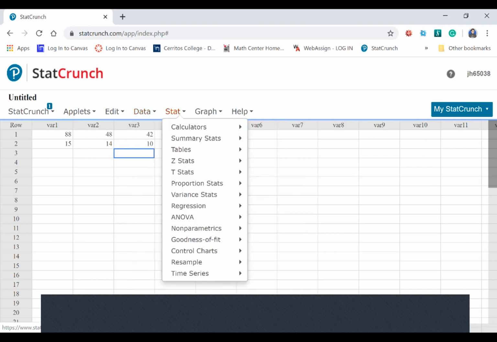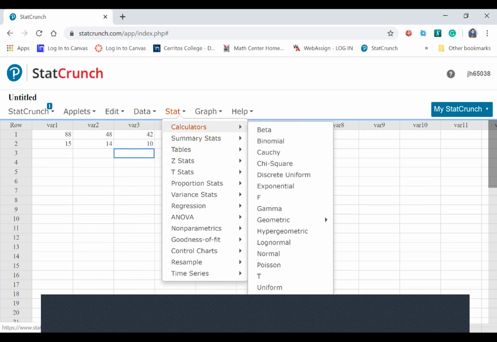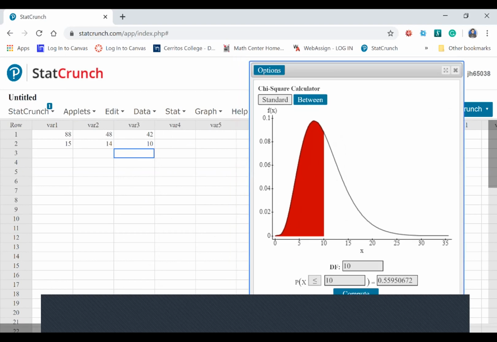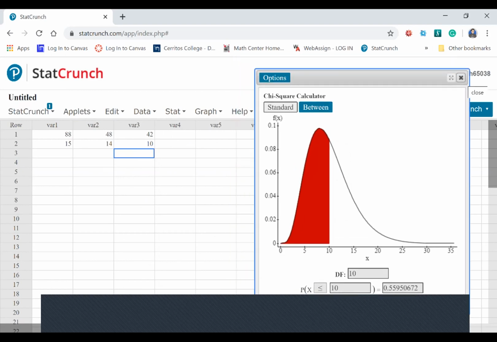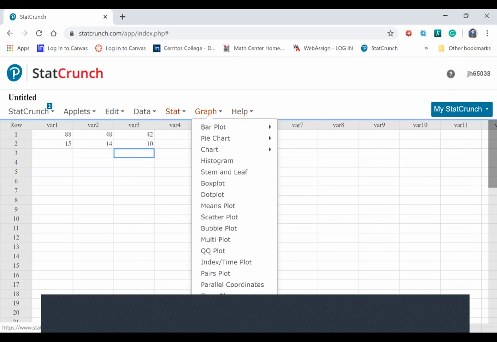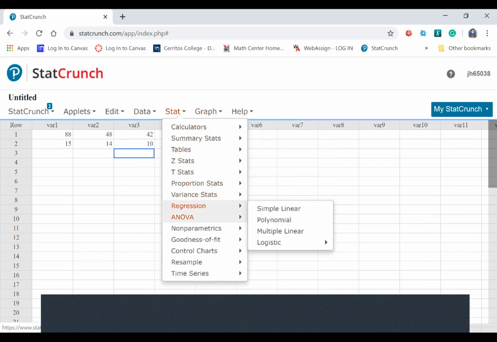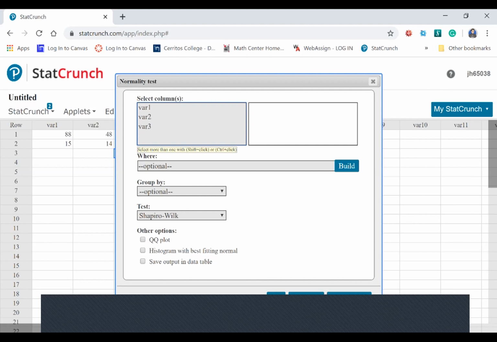So statistics, calculators, okay. So chi-square calculator. Let's see what this is. Nope, that's for the chi-squares distributions. Don't want that. Okay, so let's see what we got here. Regression, goodness of fit. What's normality? Select columns.